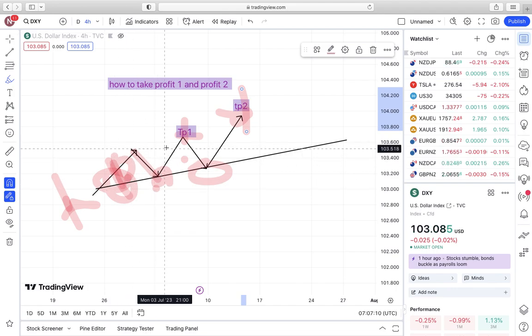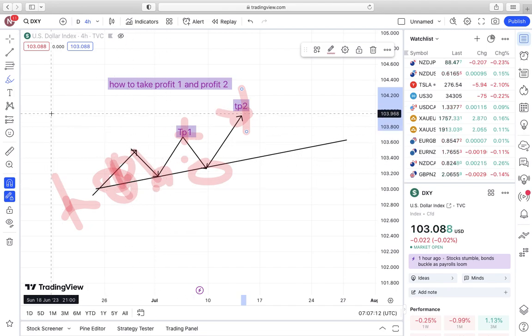Once you have entered a trade, that one you have done what we call instant execution. Instant execution is instant trade. You are not waiting for the market to execute a trade for you, or waiting for the market to hit your buy stop, sell limit, or sell stop, which means you are not predicting the market anymore.